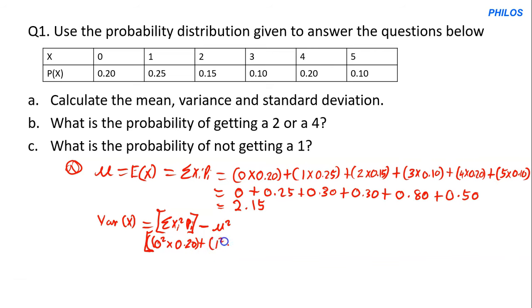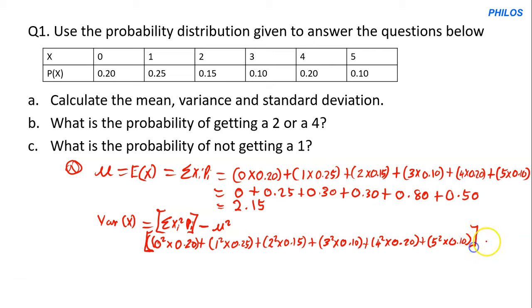So we say 1 square times its probability, which is 0.25, plus the next x is 2, so we say 2 square times its probability, which is 0.15, plus the next x is 3, so 3 square times its probability, which is 0.10, plus the next x is 4, so we say 4 square times its probability, which is 0.20, plus the next x is 5, so 5 square times its probability, which is 0.10.